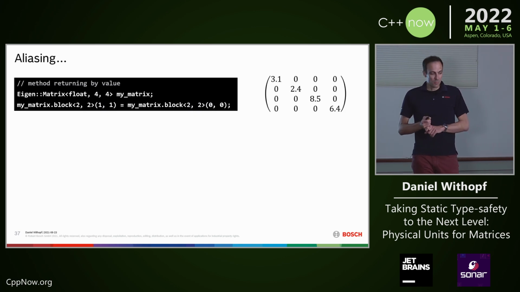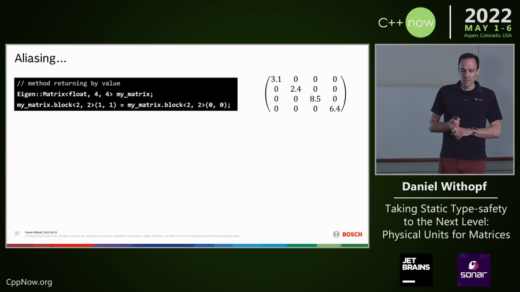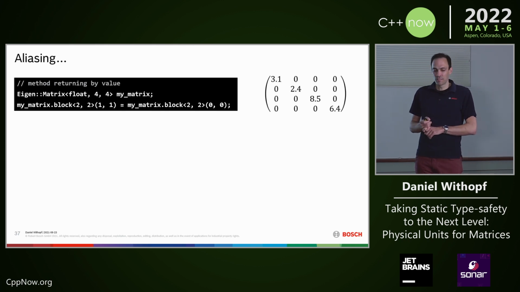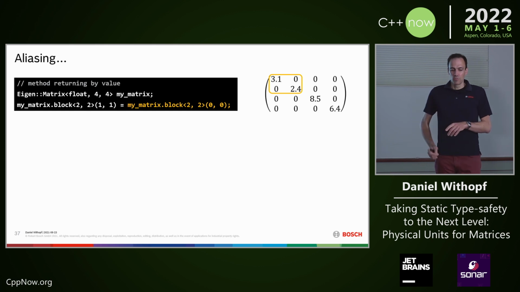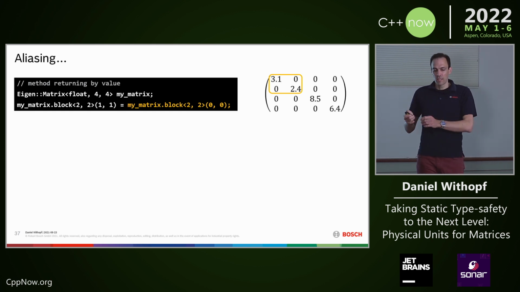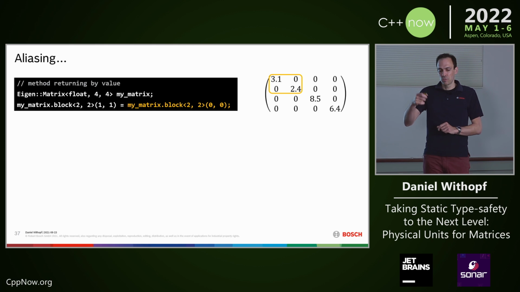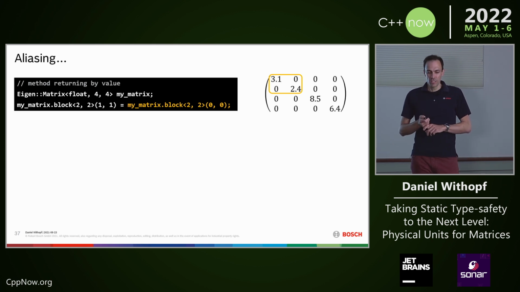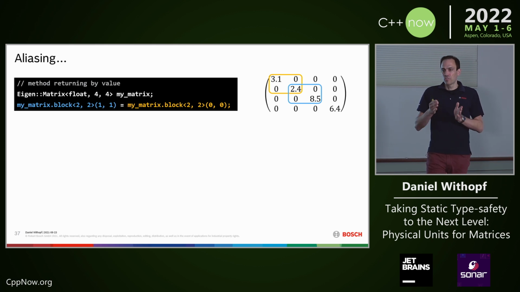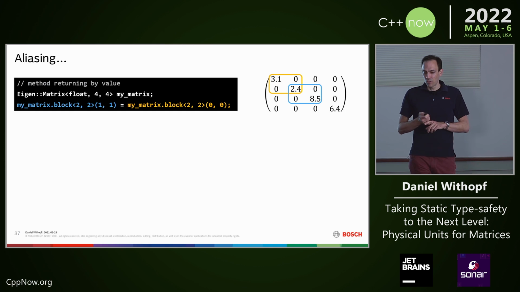Good. Now moving on to the second example where we had problems. That was aliasing. So here, this is Eigen code again. We're accessing a block on the right-hand side of that equation from an Eigen matrix, a 2x2 block that's shown in orange here. And we're assigning that to another 2x2 block that's shown in blue here. Now what's important to notice here is that the two blocks overlap.